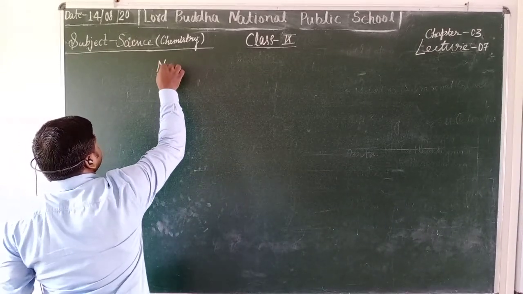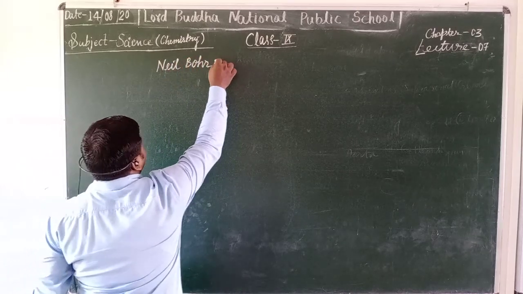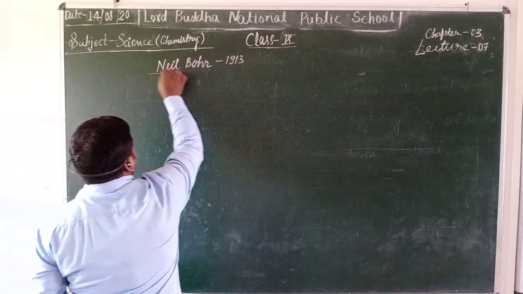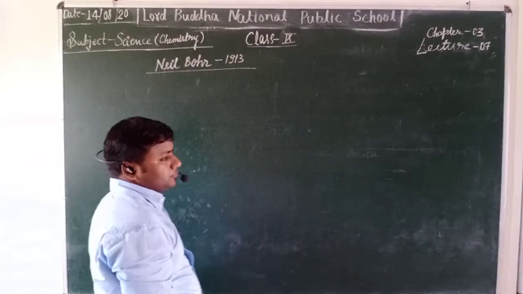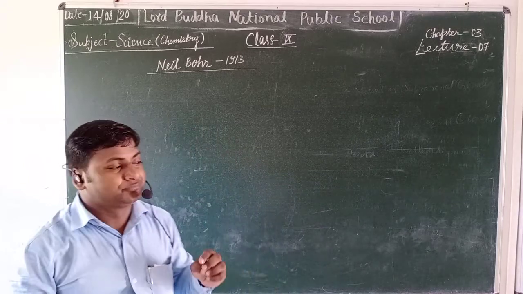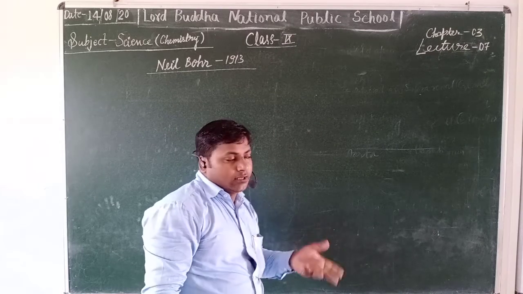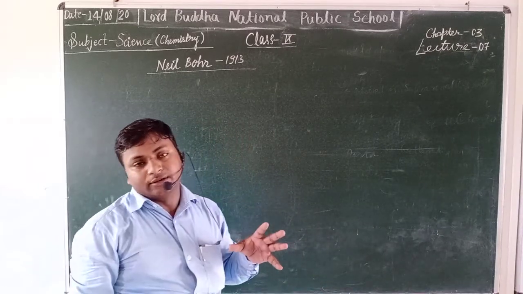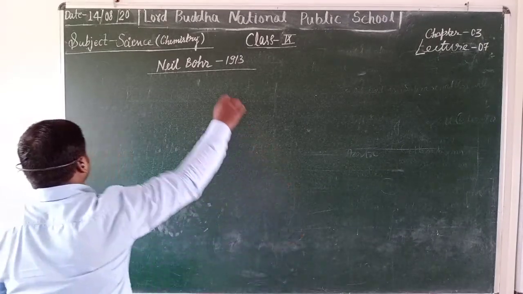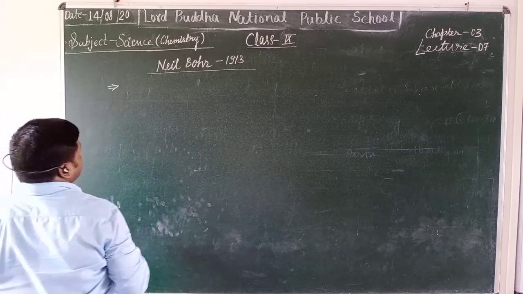Niels Bohr, in 1913, gave the concept of the atomic structure of an atom, and he also gave the following conclusions about the structure of the atom. Look at the concept that was proposed by Niels Bohr.